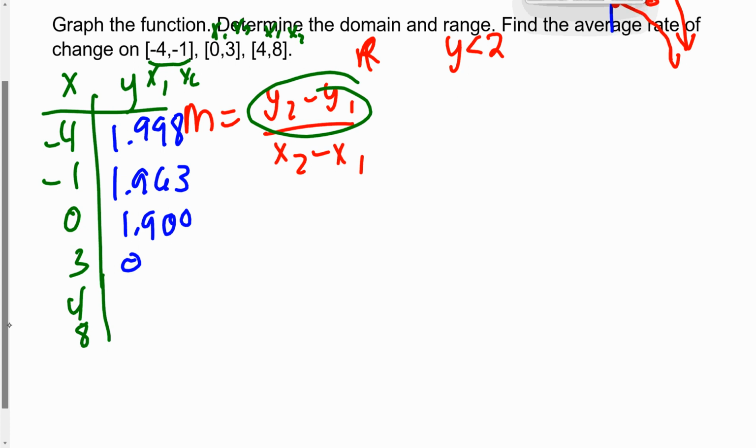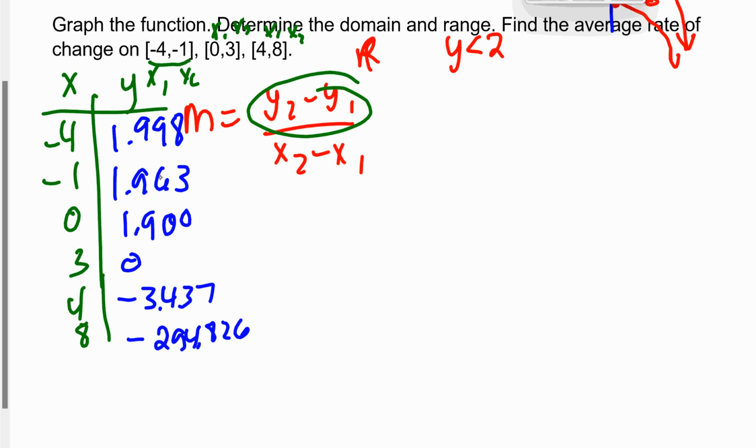And then plug in 4, we get -3.437. And then plugging in 8, we get -294.826. Then what I want to do is take the difference of my x's and the difference of my y's, but it's y's over x's.